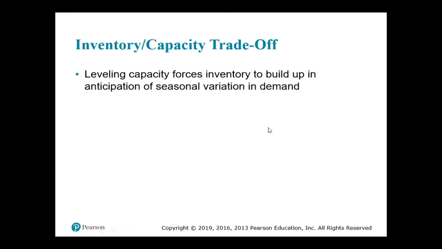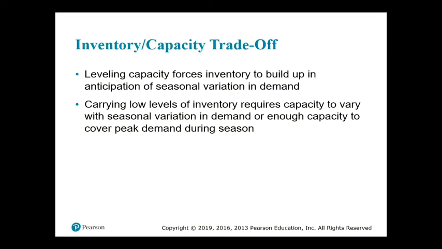The leveling capacity strategy will lead to a lot of inventory, and the low inventory strategy will necessitate high investment in capacity. So then we come to managing the demand side.